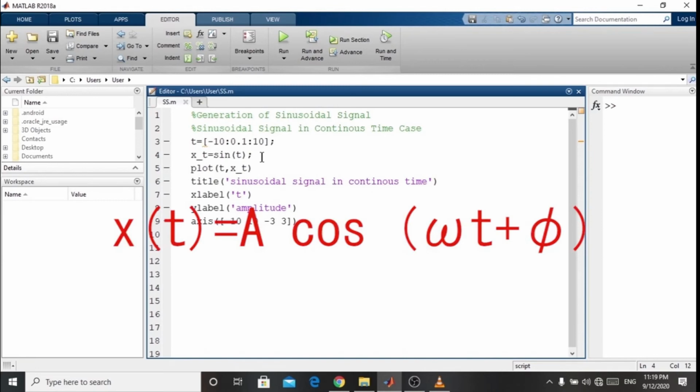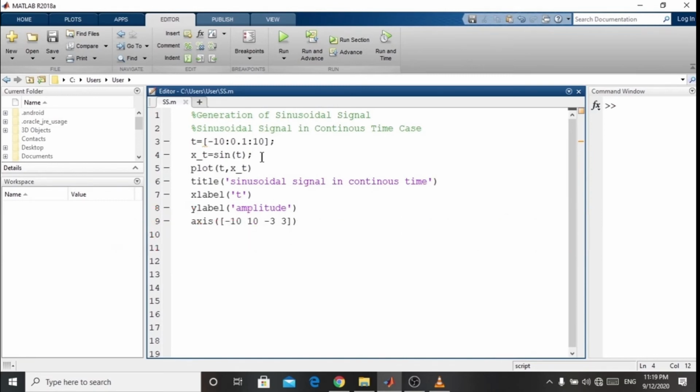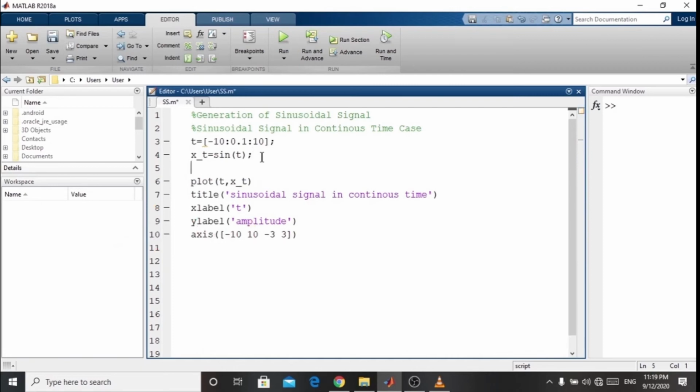plus phi. Let's define that also. Let's define x2 underscore t is equal to cos of t. Let's change these to x1 of t, and I am going to plot the two functions in the same graph. The syntax for that is plot x1 y1, then x2 y2.